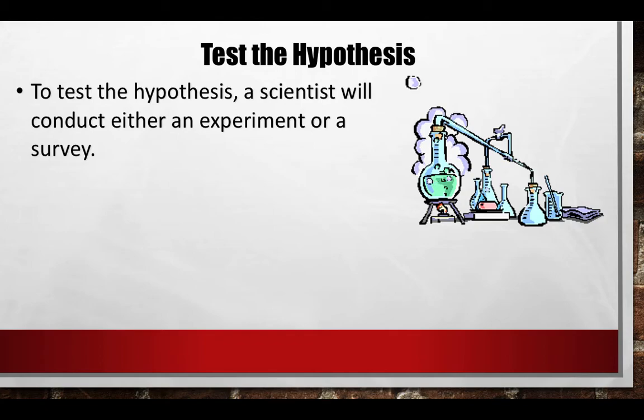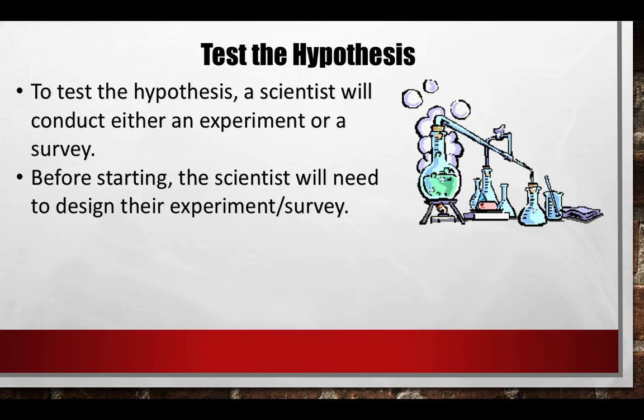Okay, so once the hypothesis is established, the scientist needs to test the hypothesis. And to do that, so this is our third step, the scientist will conduct either an experiment or a survey. Now, before starting, the scientist will need to design that experiment or survey.